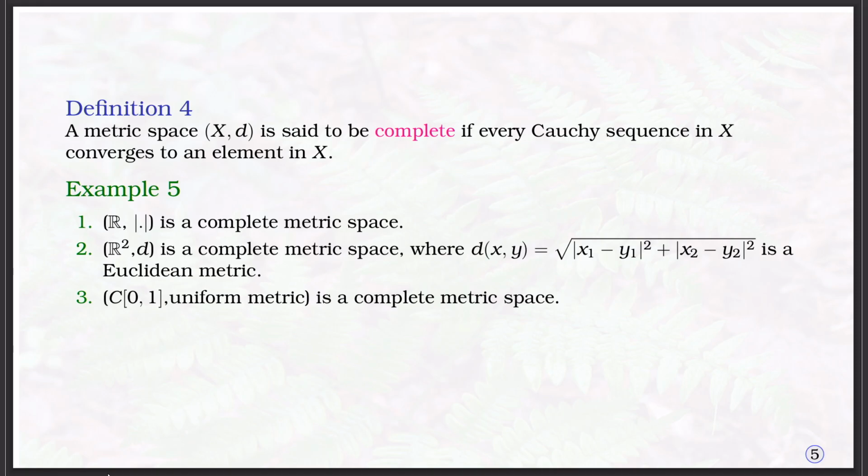So, we have seen that in a metric space, a convergent sequence is a Cauchy sequence, whereas the converse is not true. That means we cannot say that every Cauchy sequence is convergent. Now, we need a metric space such that any Cauchy sequence in the space converges.